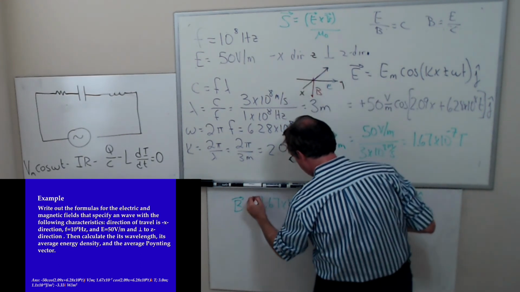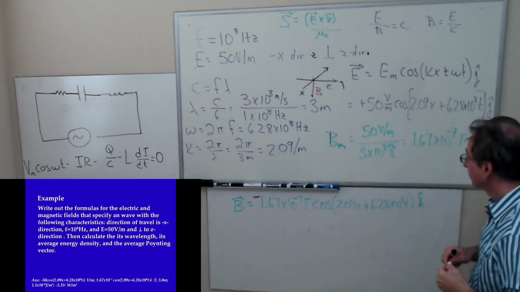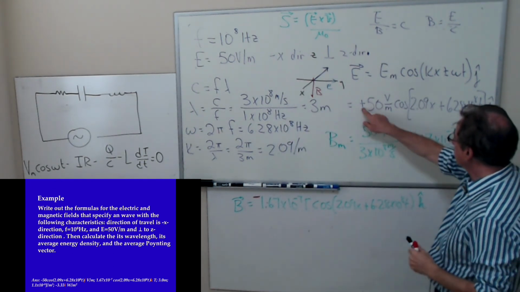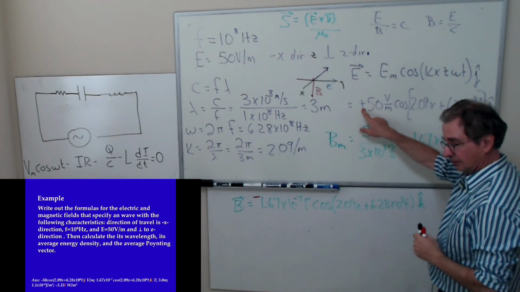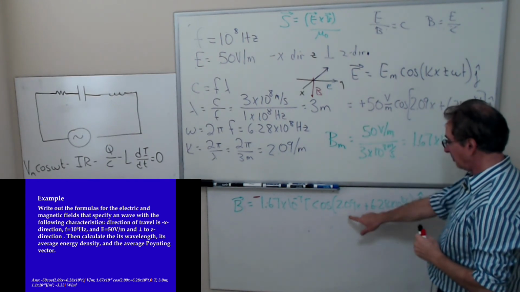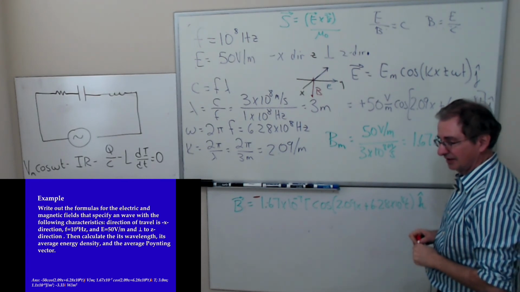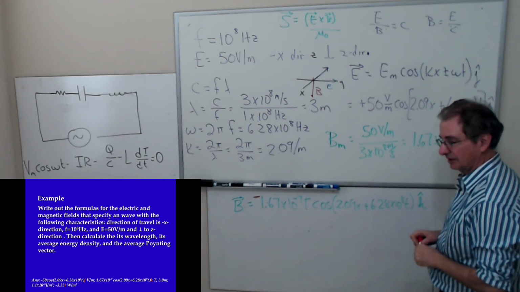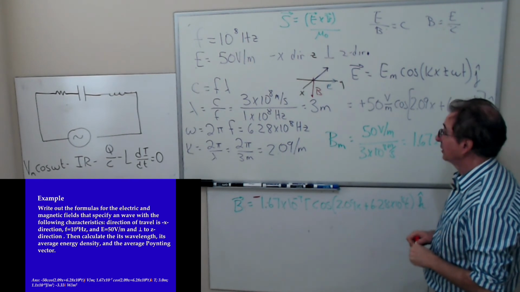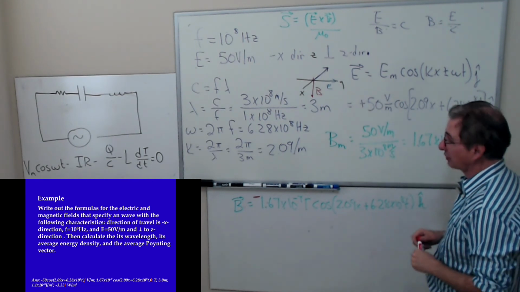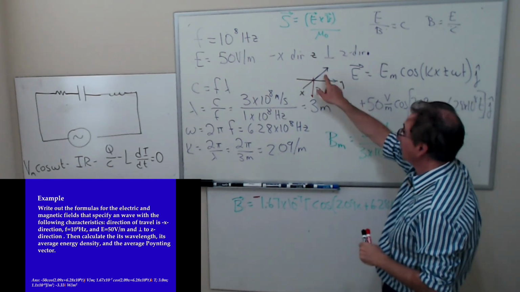I got to put a minus sign here. Now, if I chose this to be negative, then this would be positive. Does that make sense? Because I have to agree with the direction of travel of the wave. The direction of travel of the wave is in the minus x direction.